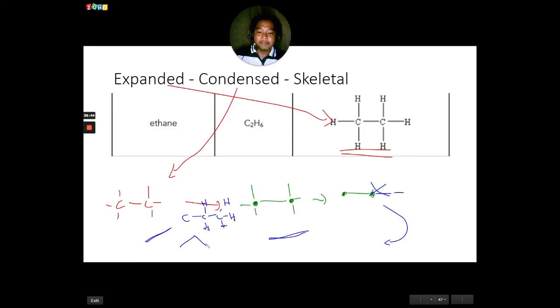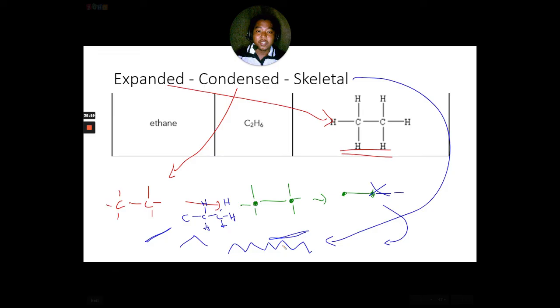This makes my life easier. So I can continue writing like this one. And probably this looks familiar to you. This way of writing is our skeletal structure. And we'll be using this for the rest of our discussion on alkanes, with attachments, with rings, and then through alkenes and alkynes.